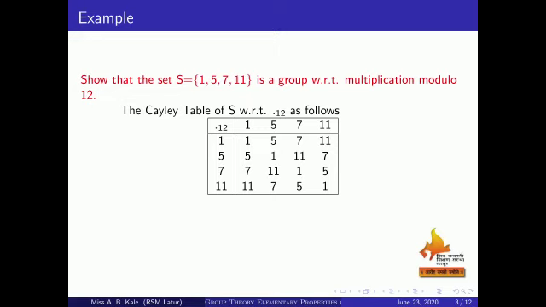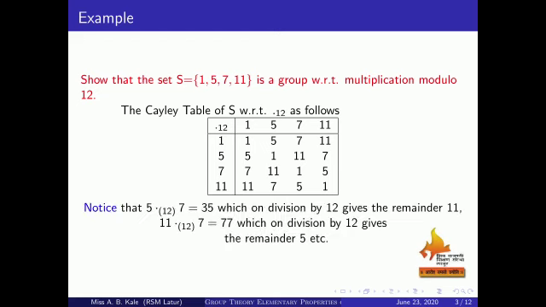Now observe the closure property. Closure property says that the product of any two elements doesn't go outside the set, meaning it again belongs to the set S. Notice that 5 multiplied with 7 gives 35, which on division by 12 gives the remainder 11.